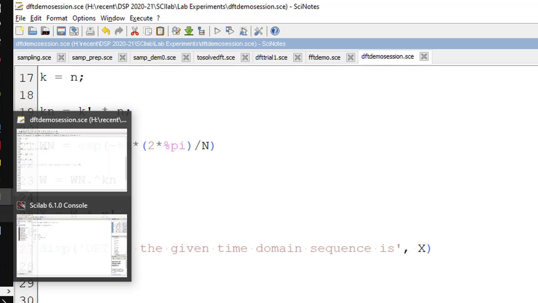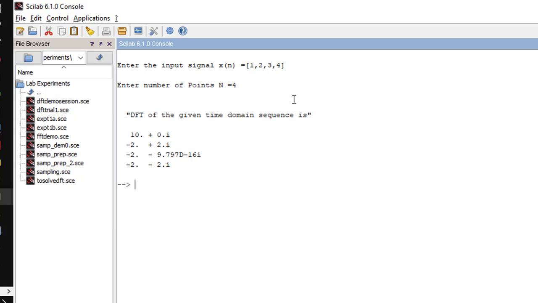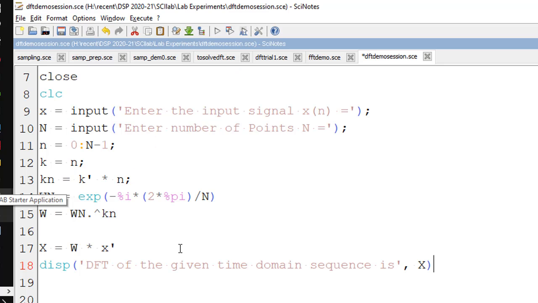So go back to the console window. I give 1, 2, 3, 4. Number of points is 4. Okay, so this is what I am getting. DFT of the given time domain sequence is 10, minus 2 plus 2j, minus 2, minus 2 minus 2j.